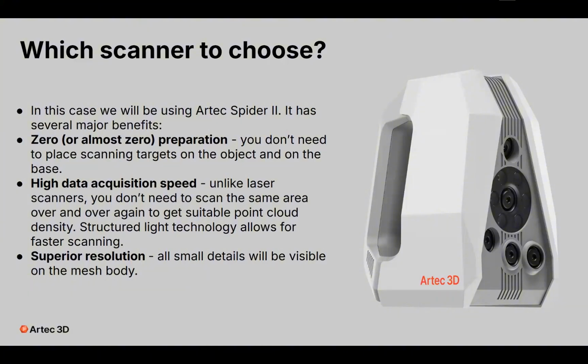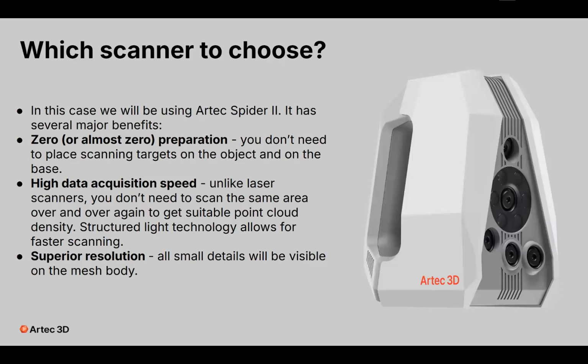Another benefit is high data acquisition speed. Unlike laser scanners, where you need to pass the scanner over the same area over and over again to get a nice and dense point cloud, here, due to the structured light technology, you can scan faster, and one or at most two passes are generally enough to get good and dense data.